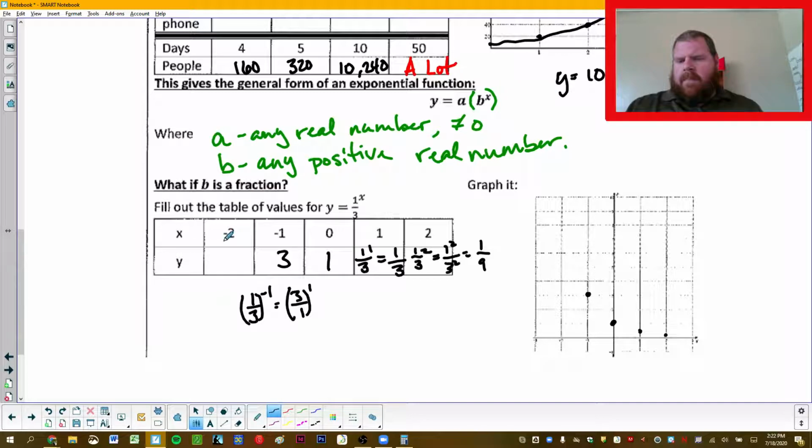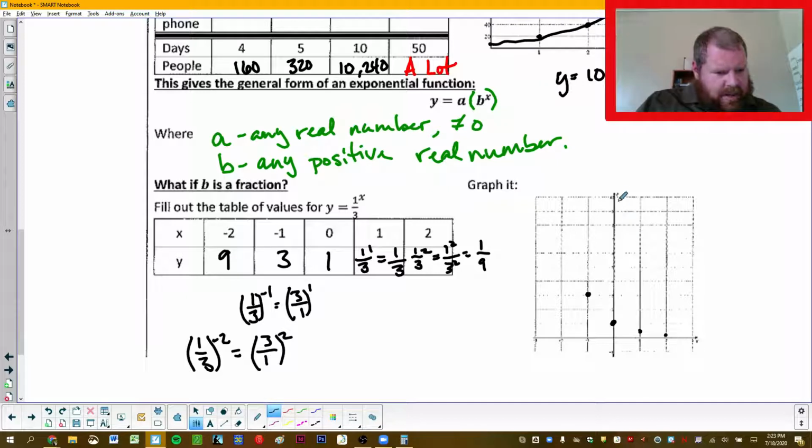And then 1/3 to the -2. Again, the negative will flip this, making it 3/1. And 3/1 is 3, squared is 9. So there it's 9. I think this graph goes to 10. 3, 4, 5, 6, 7, 8, 9. Yep, it does. So that gives me a point right there. And then trying to make this a smooth curve.